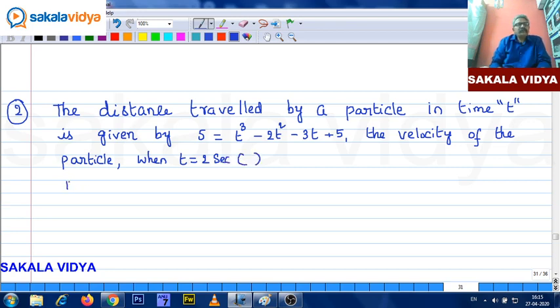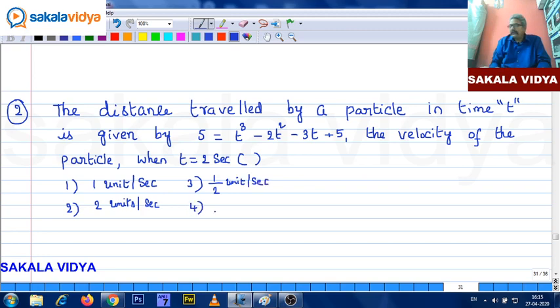First option 1 unit per second, second option 2 units per second, third option half unit per second, fourth option 3 units per second. This is the question.